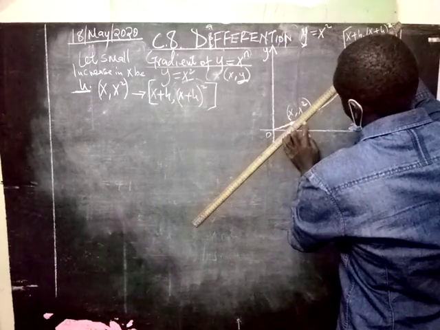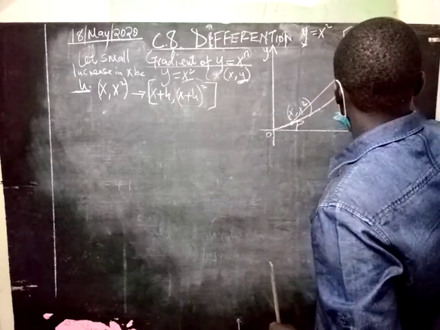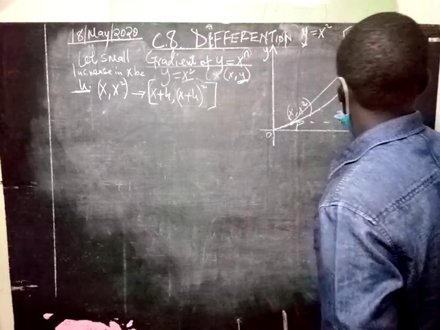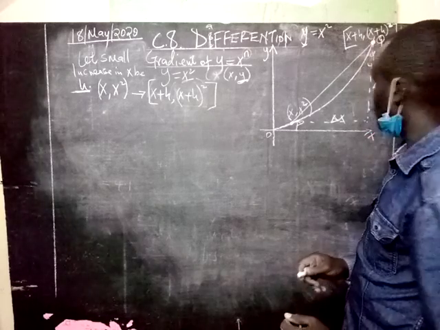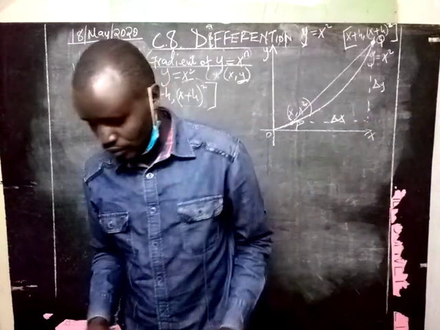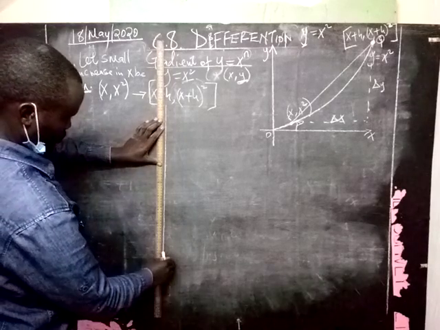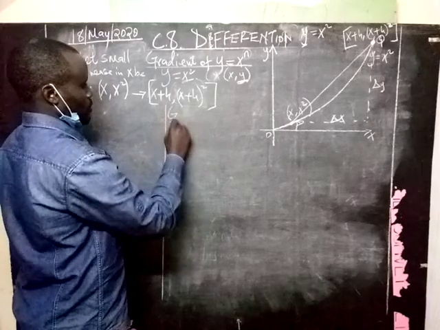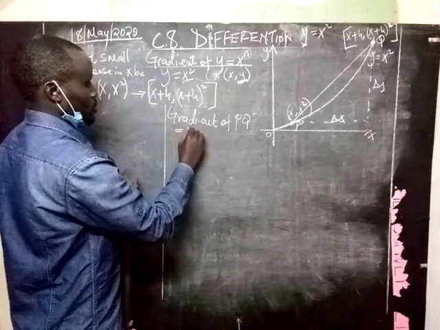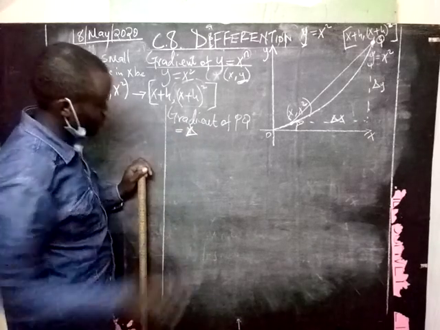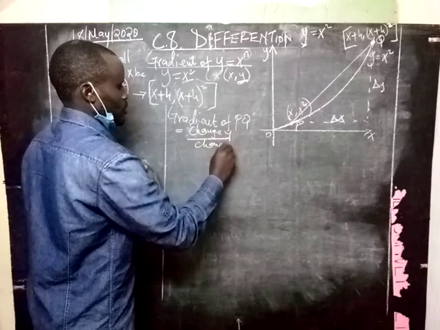I want us to join the 2 points. Then we now find the gradients of these points. And you know that the gradient of these 2 points is change in y over change in x. So the gradient of PQ is going to be change in y over change in x.